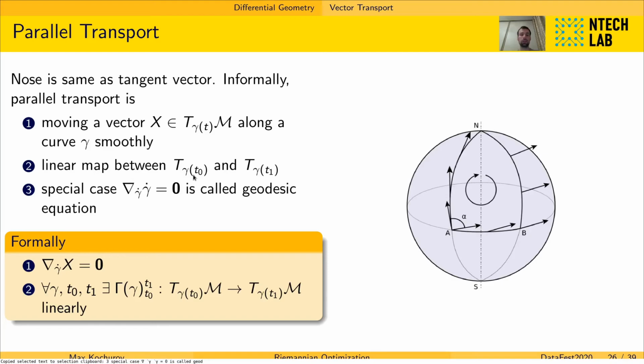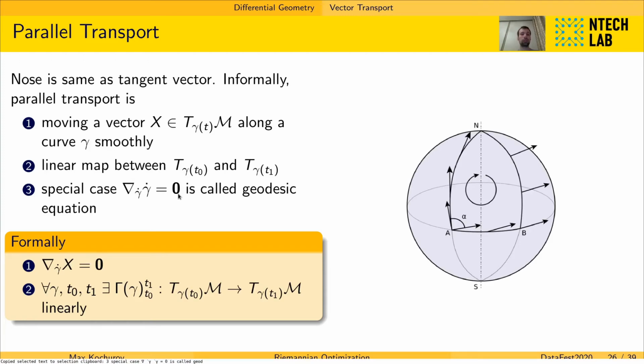There exist special case curves, such gammas, where the direction of movement is not changed while we move along the curve, and these curves are called geodesic curves, and the equation that has nabla and the velocities of the curve is called geodesic equation.